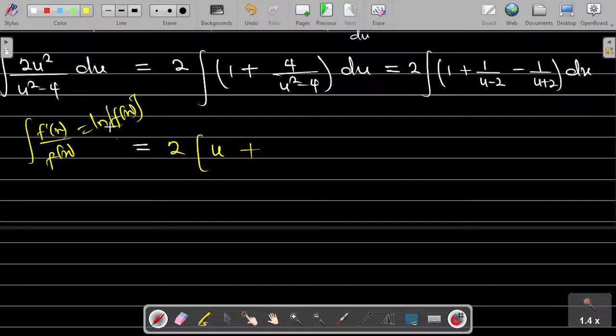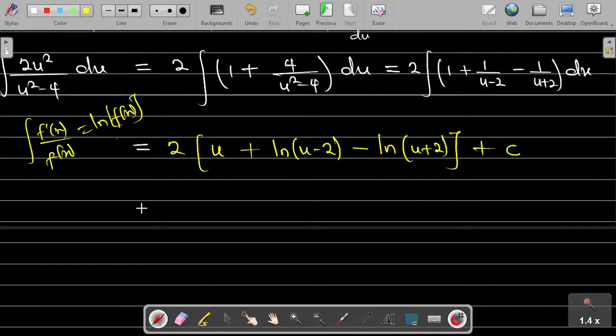So this is going to give us the natural log of u minus 2. And then this one also satisfies that condition. The derivative of this is also 1, so we also have the natural log of u plus 2. Okay, and that is all for that. Of course you put your plus C.